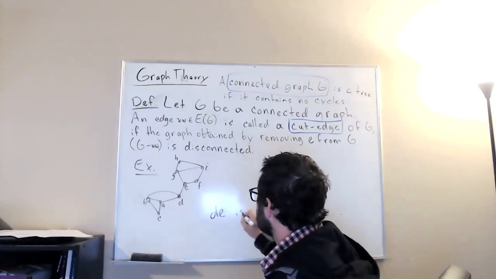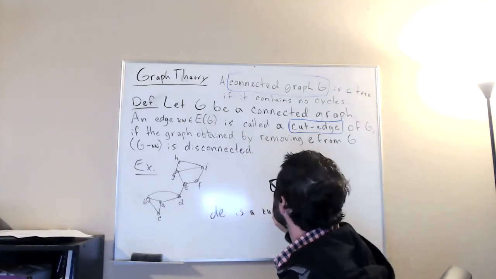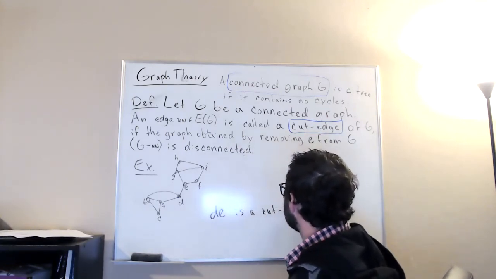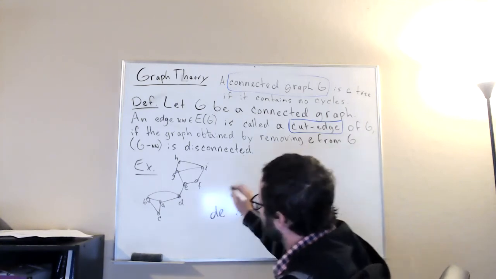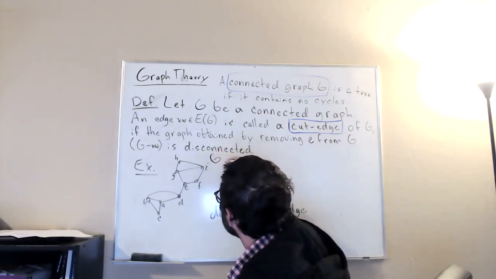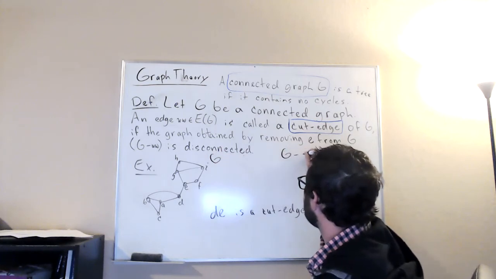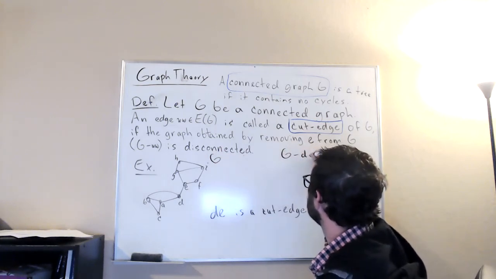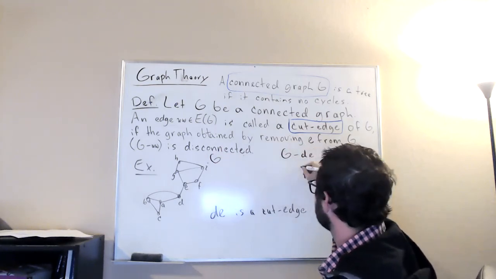DE is a cut edge. Right, because if this is G, and you look at G minus the edge DE, it'll look like this.